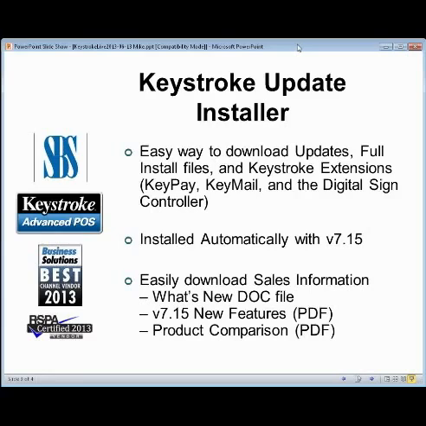And then we have the version 7.15 new features PDF file, which is a one- or two-page PDF you can email off to your customers to see what they like, and if they have any of the features they need, then they can update to that version. We also have the product comparison that compares Keystroke Advanced POS with Keystroke POS. So that is another sales tool.